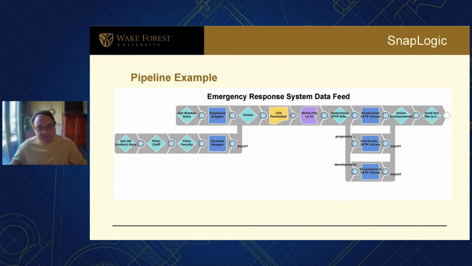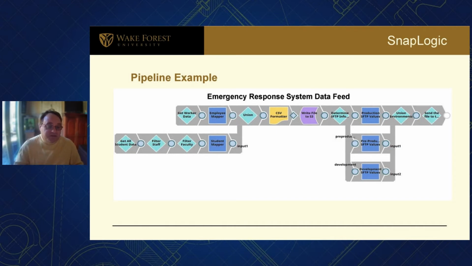But I want to focus on these first two a little bit more, in that I want you to understand that these were reusable. I want to focus on the worker data. The worker data is the faculty and the staff. These are actually pipelines in and of themselves that select different populations from Workday.